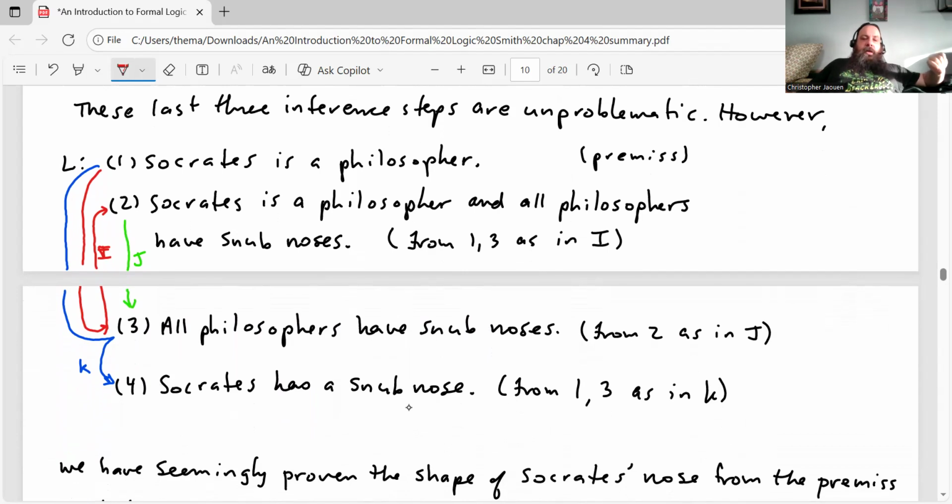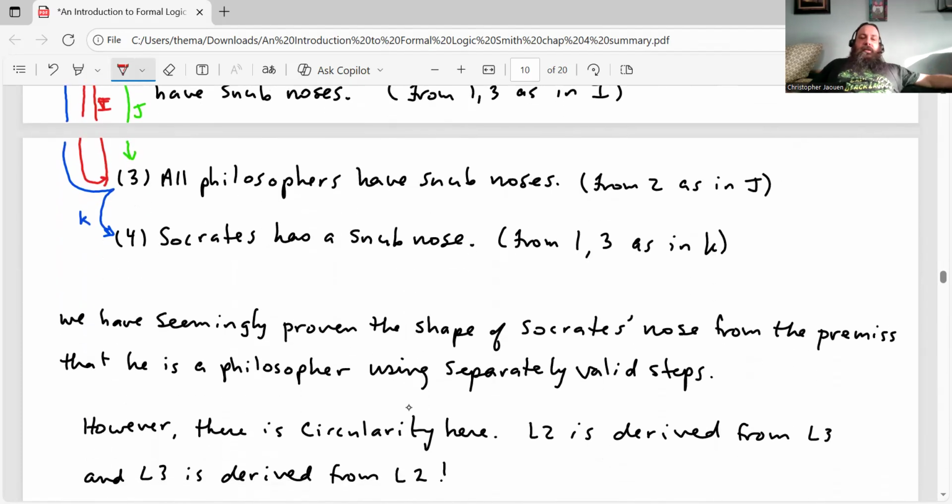Then proposition three, all philosophers have snub noses, which is inferred from two by inference pattern J. And then from one and three by inference pattern K, we get proposition four, Socrates has a snub nose. So seemingly we've proven the shape of Socrates' nose from the premise that he's a philosopher using separately valid steps.